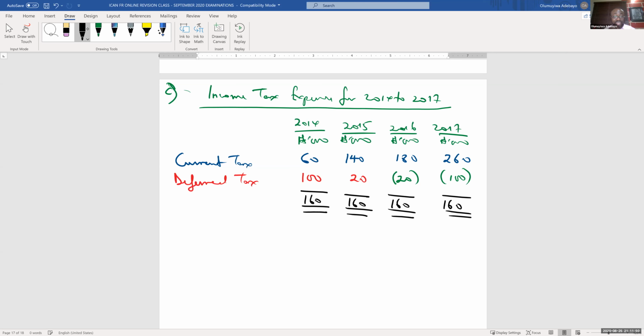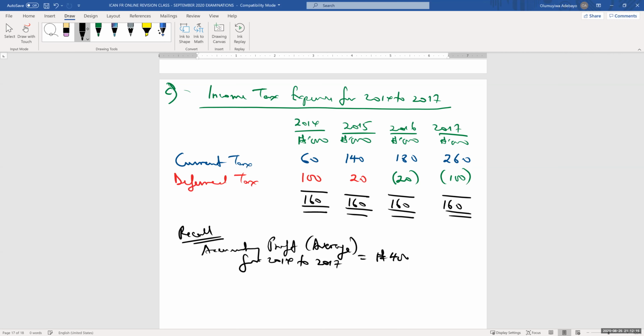Now, what are we trying to achieve? What we are trying to achieve is that if you recall, our accounting profits on the average for 2014 to 2017 was how much? 400,000 per year. Is that not?